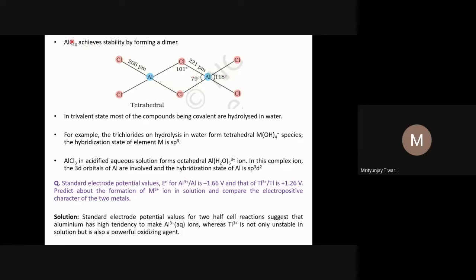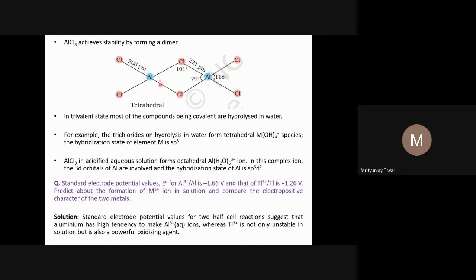Ideally in AlCl3 that angle should be 120 degrees, but here it is decreased because of the formation of the dimer. Another chlorine comes in, this angle is only 79 degrees, and its lone pair pushes these two bonds closer, so there is a decrease in the angle from 120 degrees to 118 degrees.